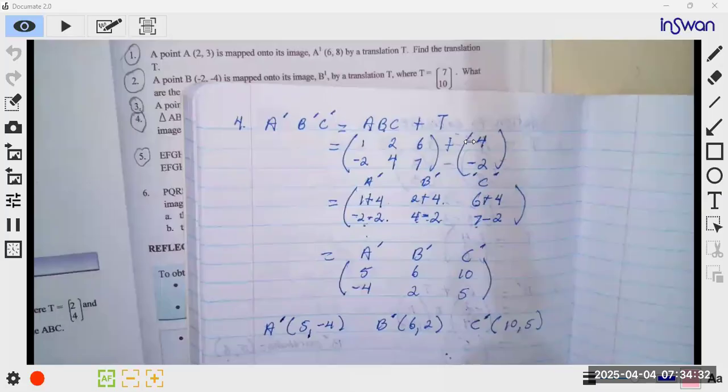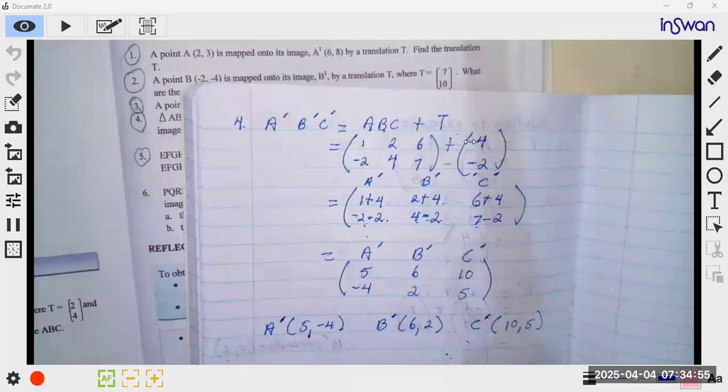Yes, miss. It's up to you whether you want to put a comma or not, but you need to understand that if you can identify these are two separate numbers, you can go right ahead. Don't need to put a comma. Good question.